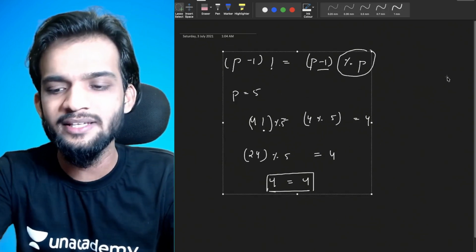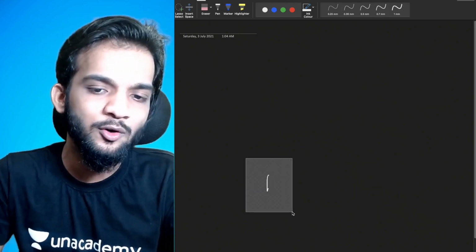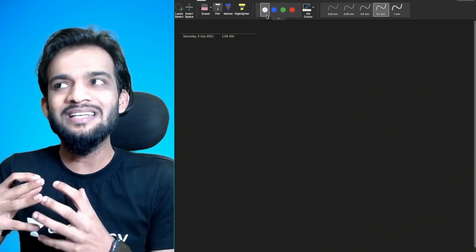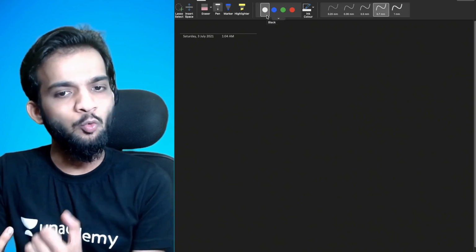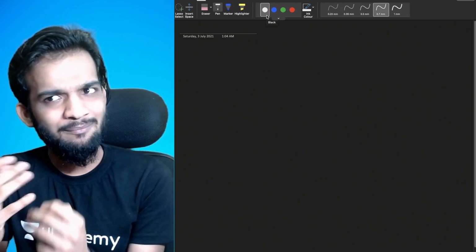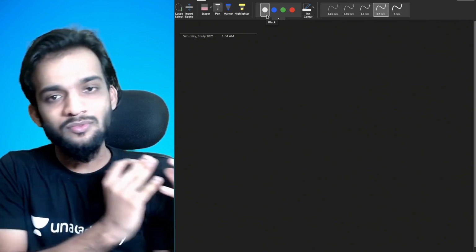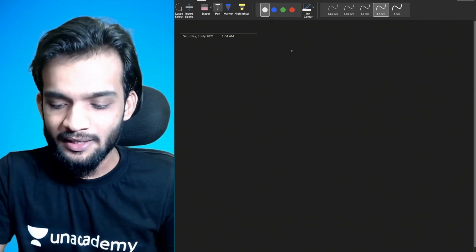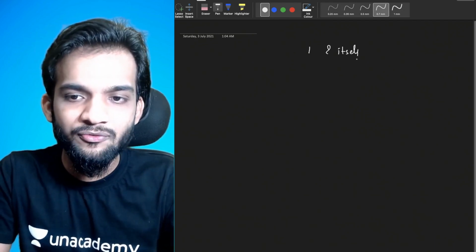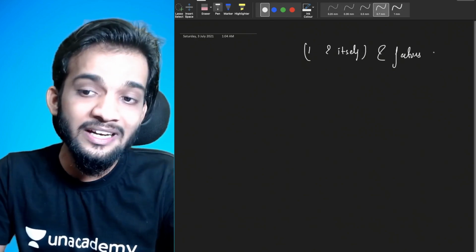So let's quickly erase this without wasting any time. So if I ask you what is a prime number, what will be your answer? You'll be like, a prime number is basically a number which is divisible by 1 and itself. Am I correct? You'll be like, yes, but we can better the definition. Can I say a number is a prime number if it is divisible by 1 and itself, and the number of factors in total is 2?